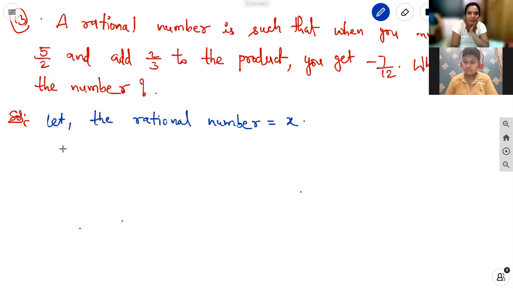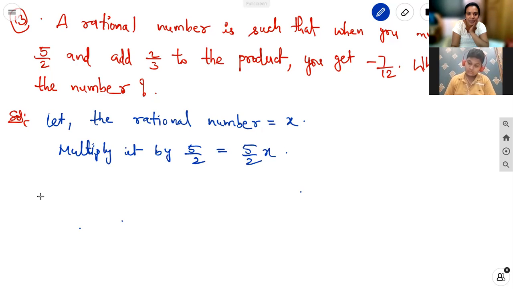Next, multiply it by 5 by 2. That is equal to 5 by 2 into x. Add 2 by 3 to the product.